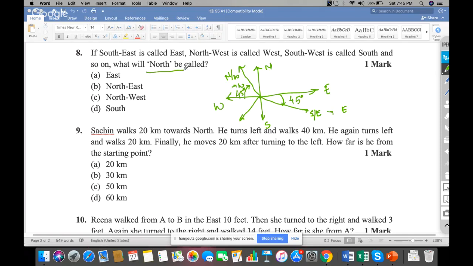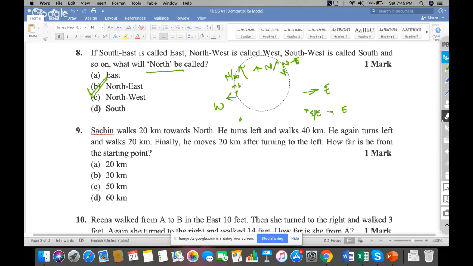So what would north be called? North will also go 45 degrees, so this is northeast. Now this will become north. So answer is B. So those who are giving answer B, they are right.